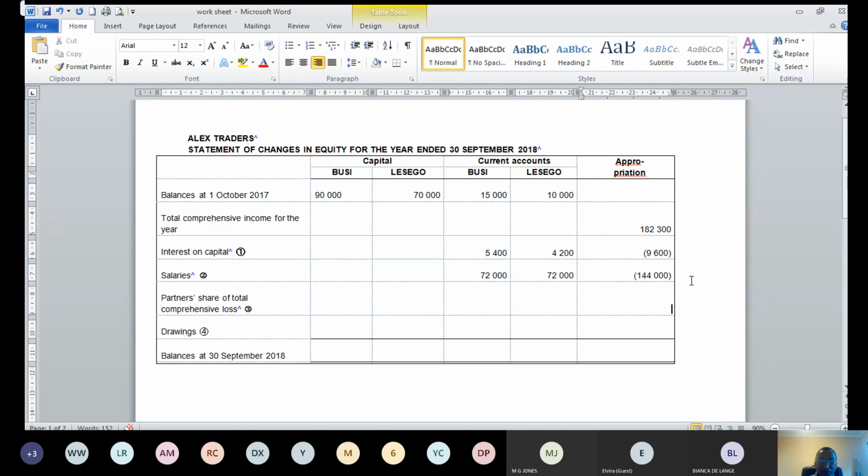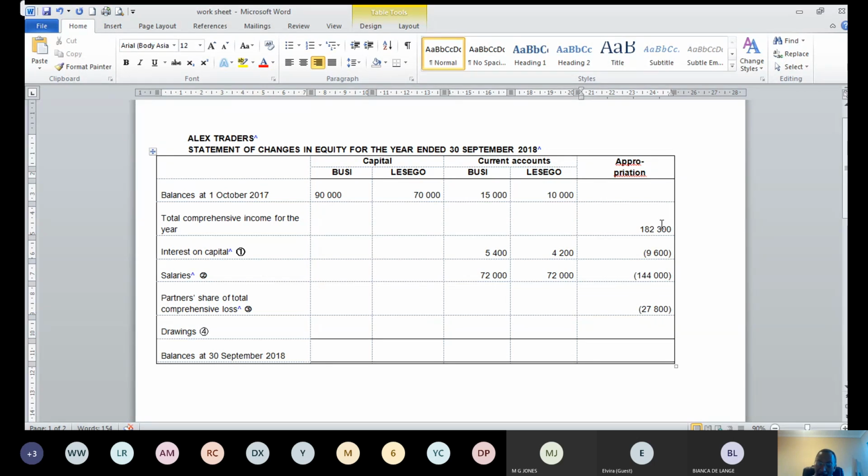After we have made provision for the interest on capital and the salaries, calculate the available profit that is now available to be divided amongst the partners, and that is now 27,800. 27,800 is now available to be shared amongst the partners.